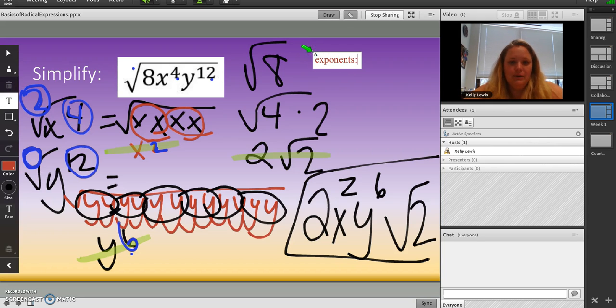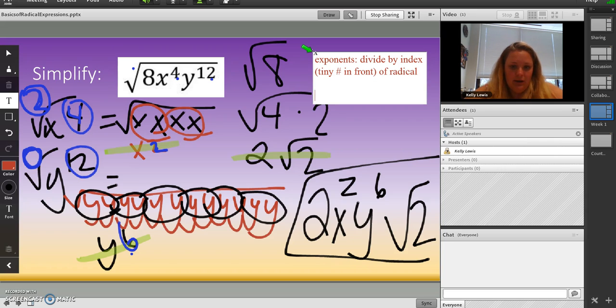All right, so exponents divide by the index, the tiny number in the radical. And then the coefficients, the big number, take the square root.